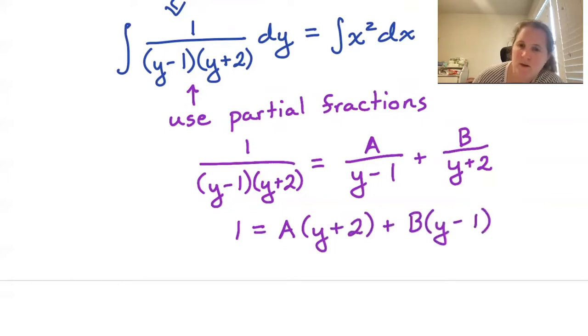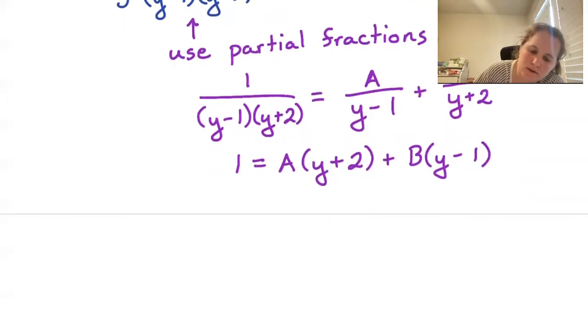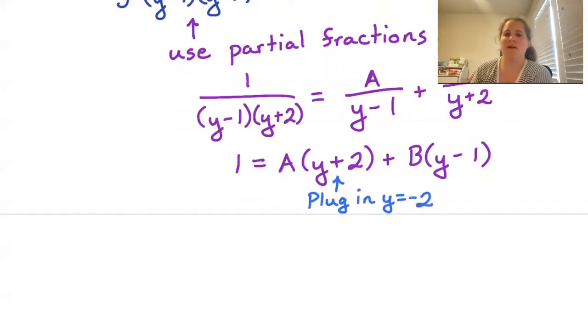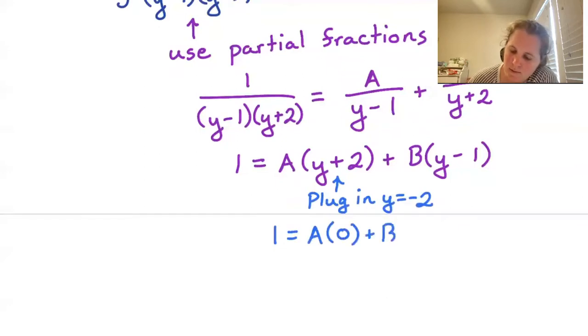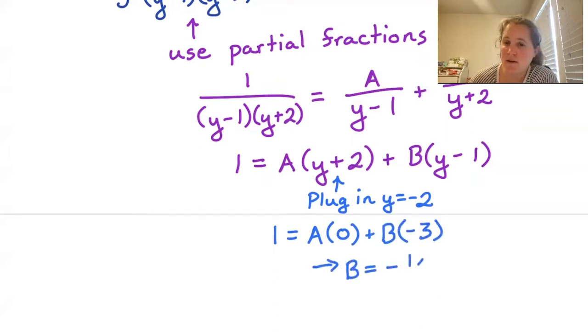From here, I know that 1 should be equal to A times y plus 2 plus B times y minus 1. For that first one, let's plug in y equals -2 to make that term go to 0. So we have 1 is equal to A times 0 plus B times -3, and we get that B is equal to -1/3.